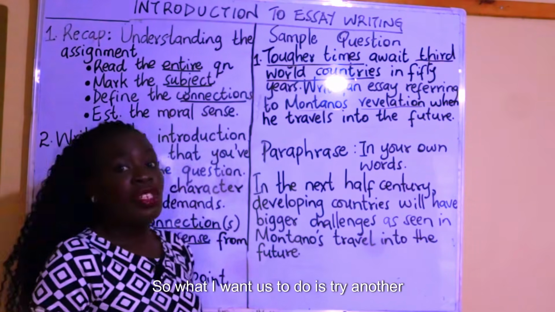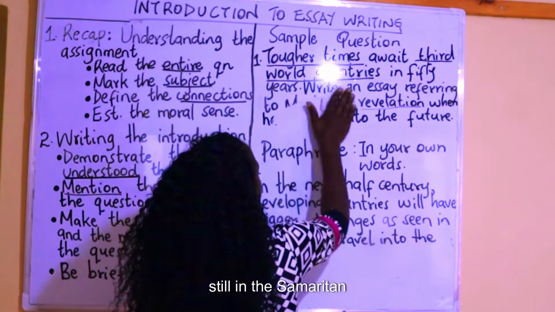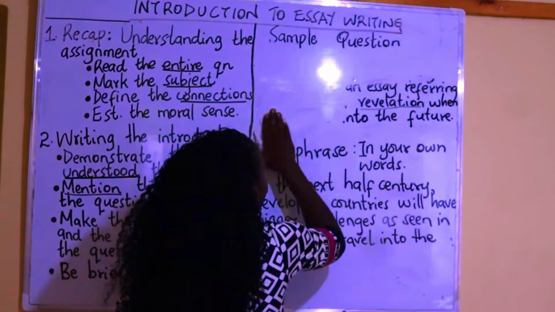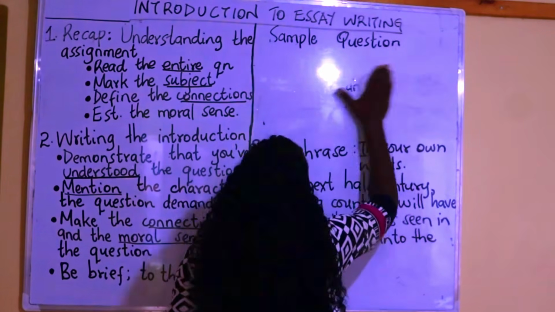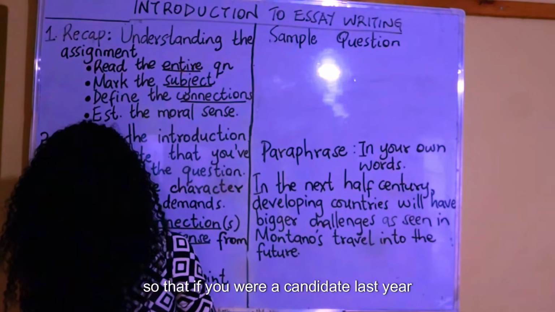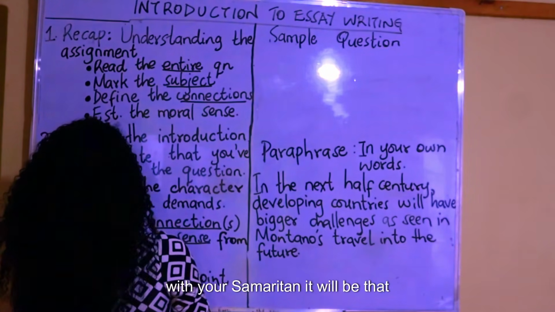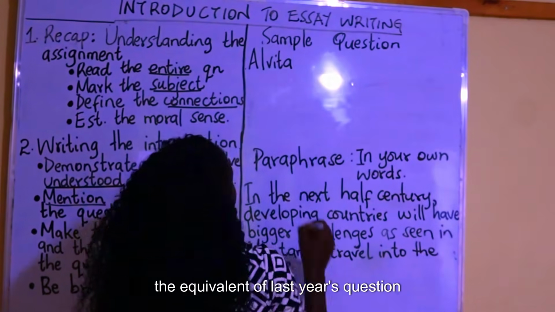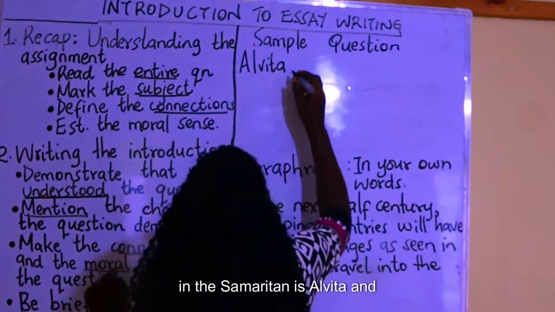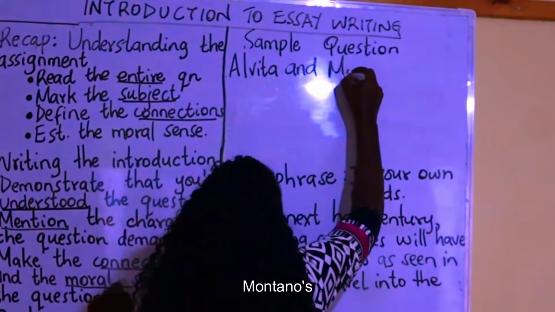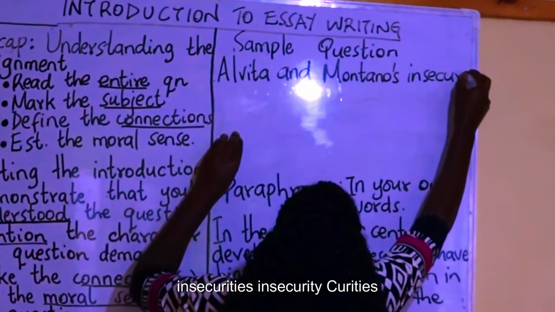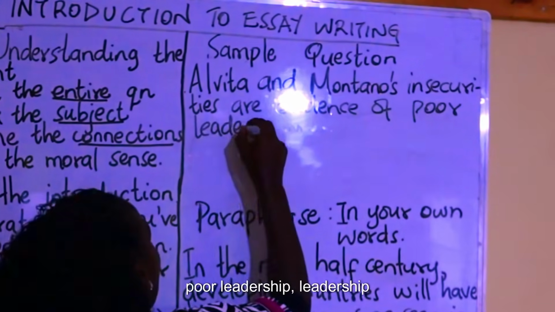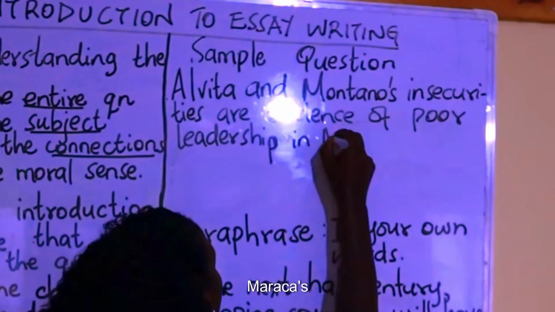So what I want us to do is try another question. Still in the Samaritan. Let's look at another question in the Samaritan. So that if you were a candidate last year with your Samaritan, the equivalent of last year's question in the Samaritan is: Alvita and Montano's insecurities are evidence of poor leadership in Maracas municipality.